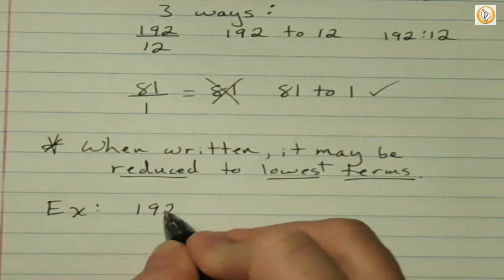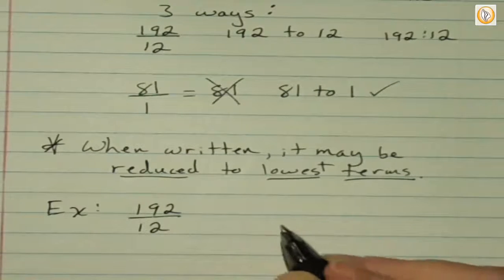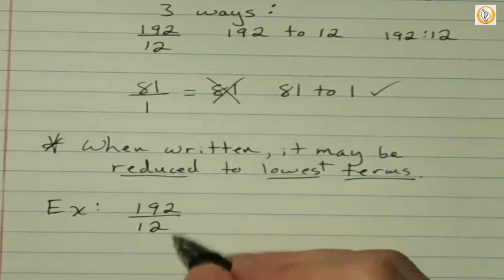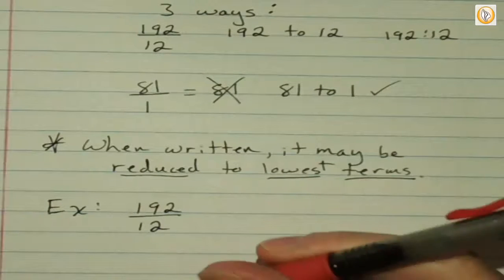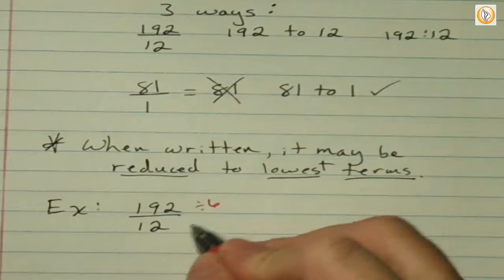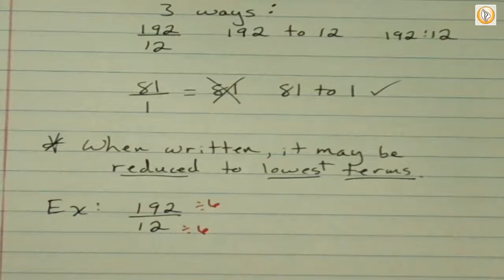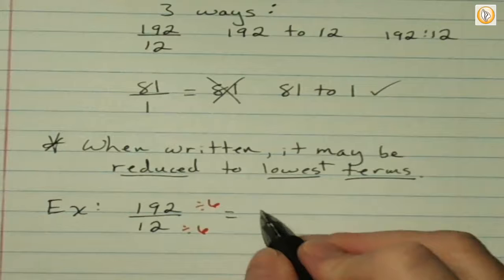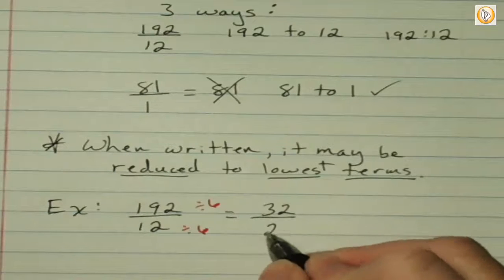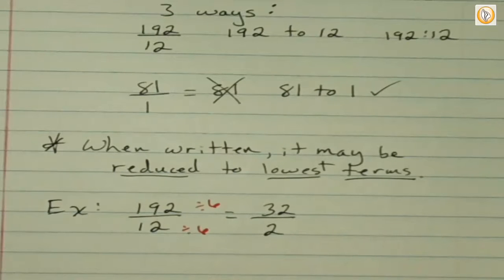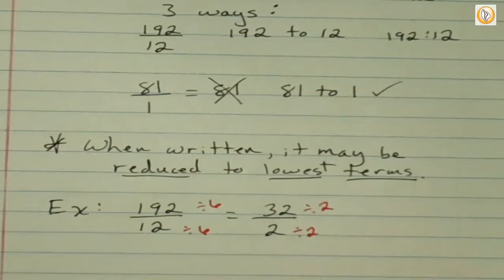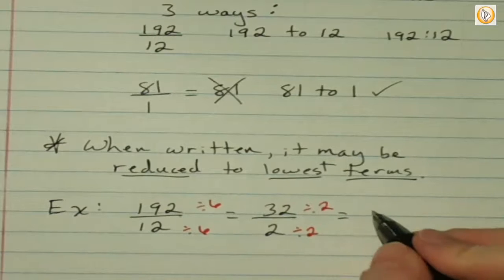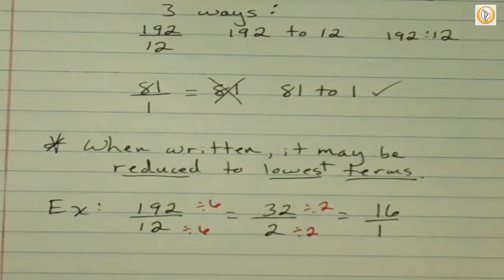Let's go back to my original example. That is not in lowest terms. Let's divide top and bottom by 6. That gives us 32 over 2. Now I can divide both sides by 2, and I get 16 over 1.